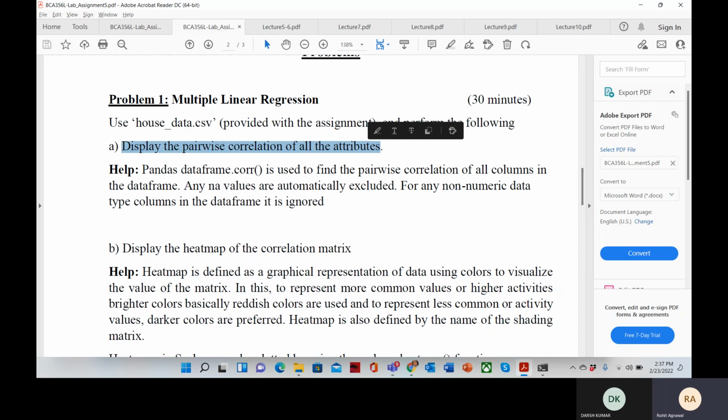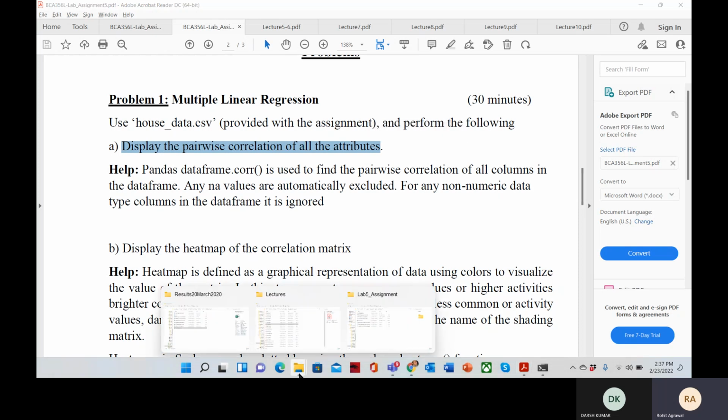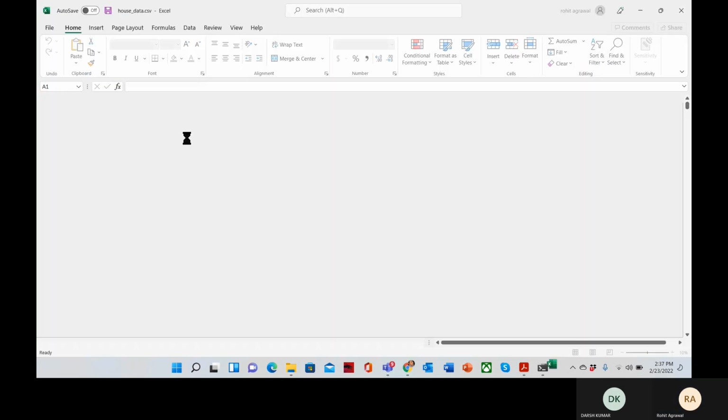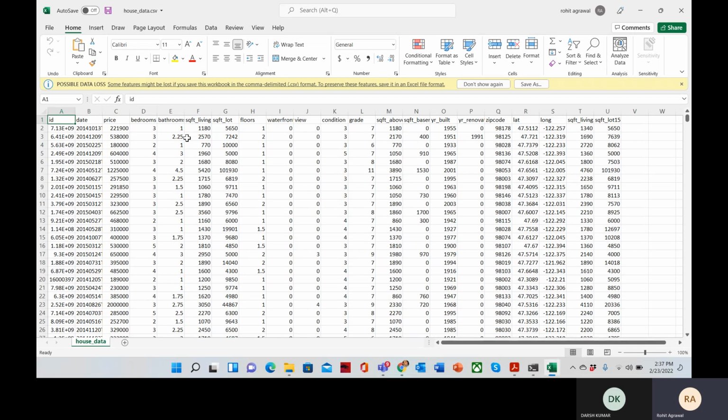See, in the housing data, okay, this is your house data. And we do not know which feature or which attributes depend how much on other features. We are not familiar with this thing.